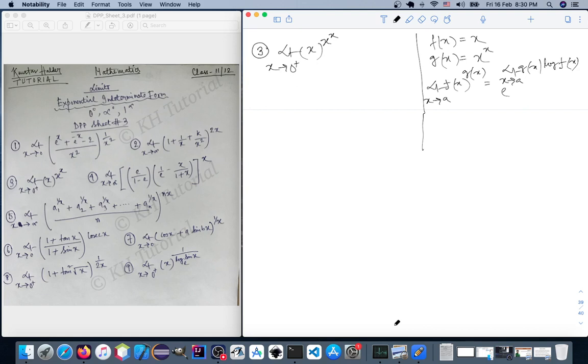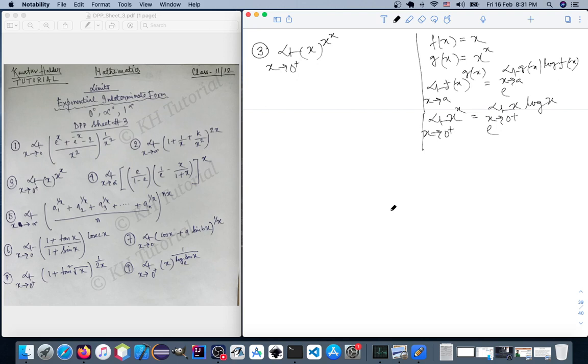Now over here, f(x) is x and g(x) is x. We are trying to find the limiting value of x to the power x. So limiting value when x tends to 0 positive, x to the power x equals e to the power limiting value of x tends to 0 positive x log x.